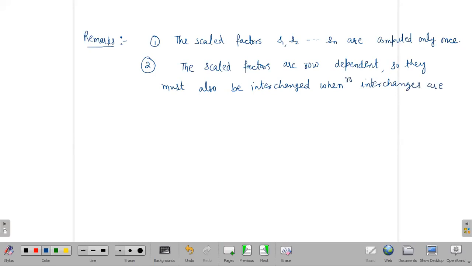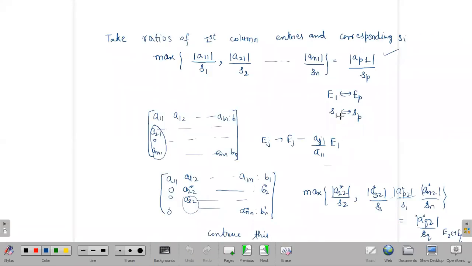Then row interchanges are performed. Obviously if you are taking, suppose, S1, S1 will always be the largest in the first row. Now if your first row becomes the pth row, then in this pth row S1 will be the largest only, because if you give this notation to A11, now it is the first row.